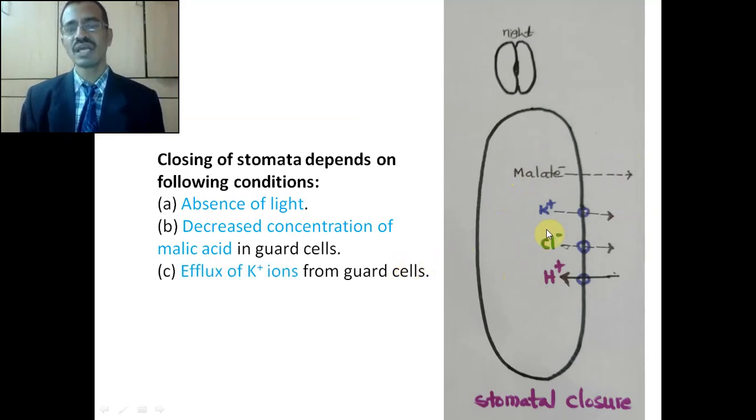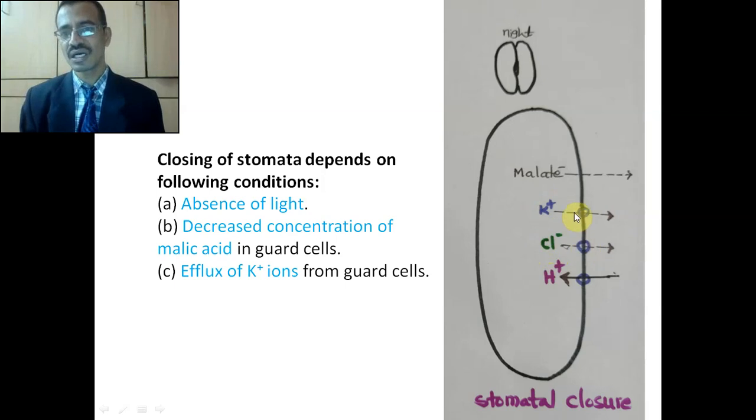And also we observe the efflux of potassium ions. In reverse to what happens in the daytime, in the night time, potassium ions come out of the guard cells. This is also called the efflux of potassium ions. And as the transport of the potassium ions is linked with the chloride ions, they also come out of the guard cells.